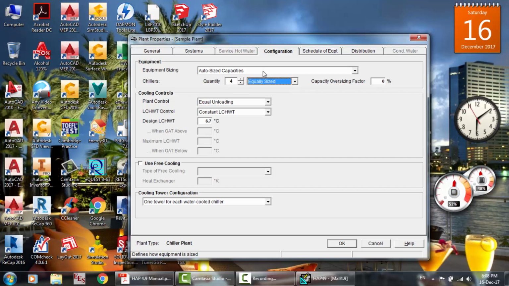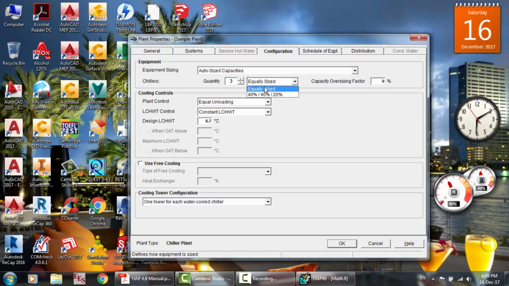Here is auto-sized capacities, and if we use user-specified capacities, we'll also find the quantity here, but it's also auto-sized here, or equally sized. We make it 3. You can also put here the capacity oversizing factor, which is a safety factor for this operation.